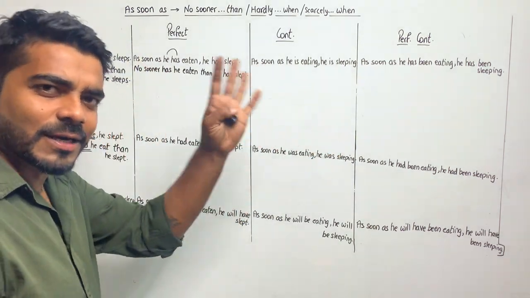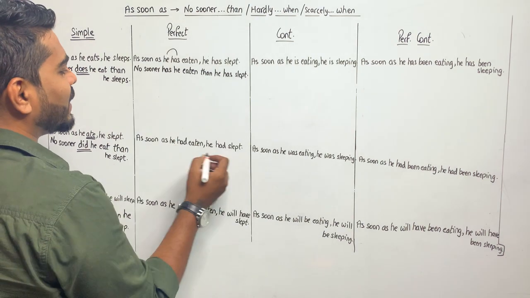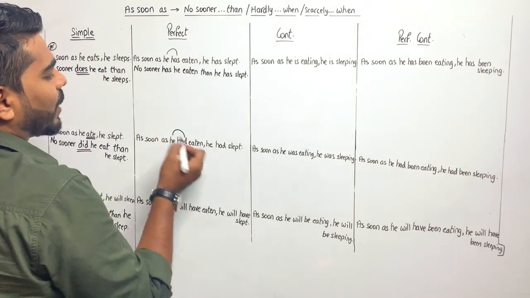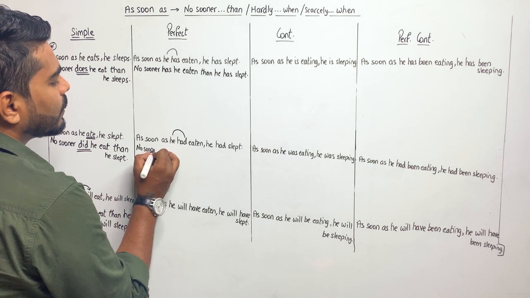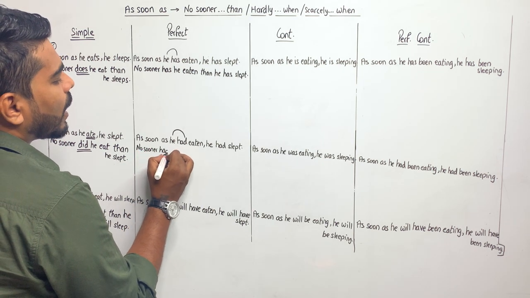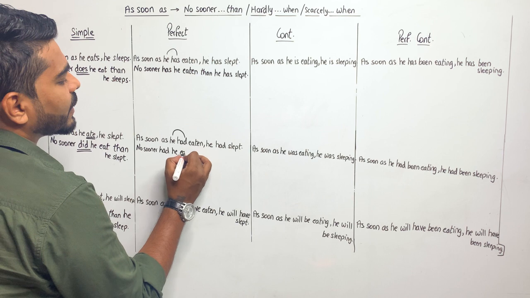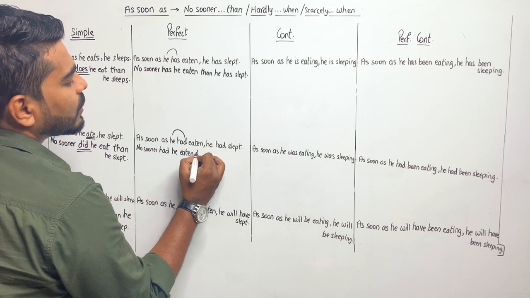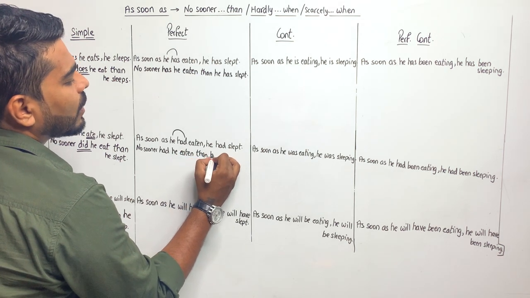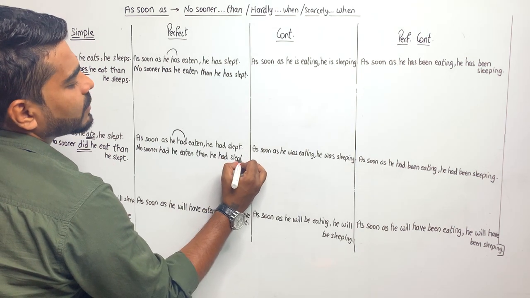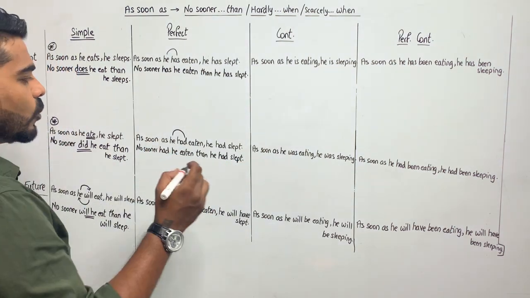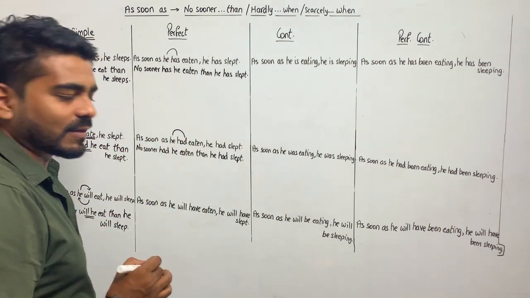The same pattern continues in all. As soon as he had eaten, he had slept. He had becomes had he. No sooner had he eaten than he had slept. The only change is he had becomes had he.